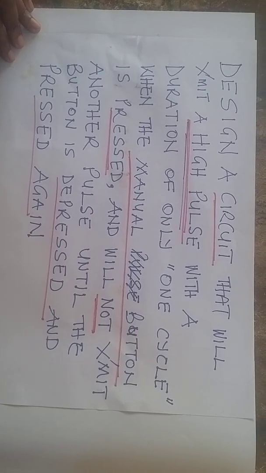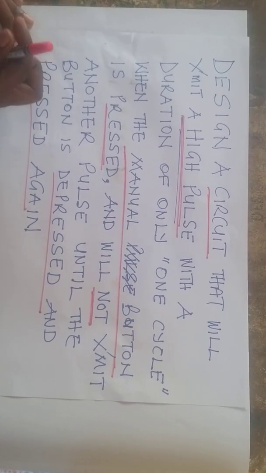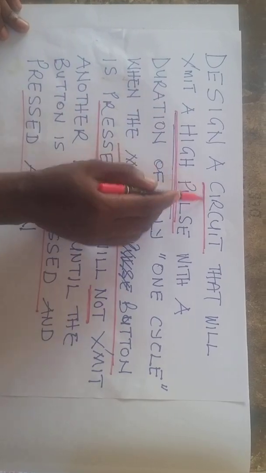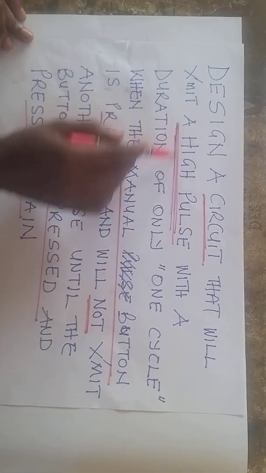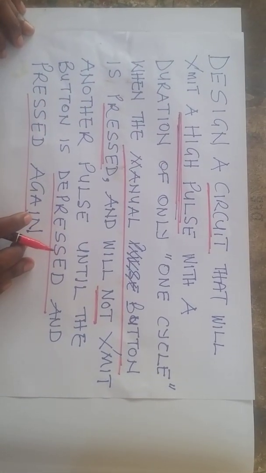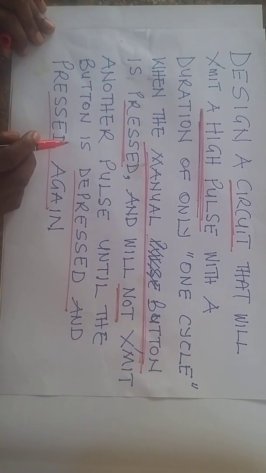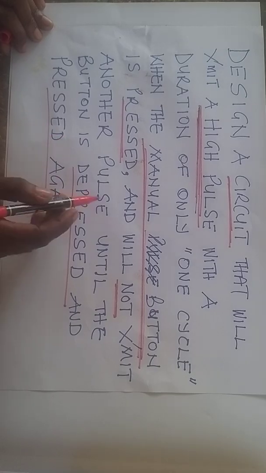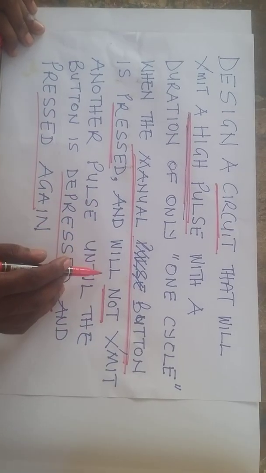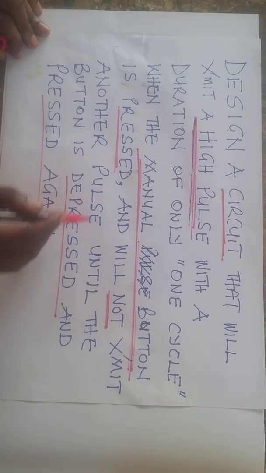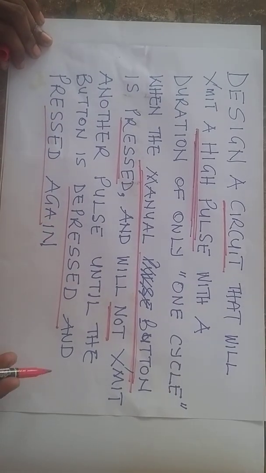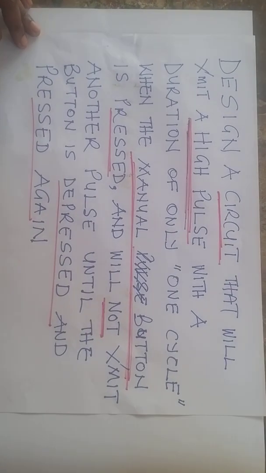We are to design a circuit, and the circuit will transmit a pulse when a manual button is pressed, and it will not transmit another pulse until the button is depressed and pressed again.